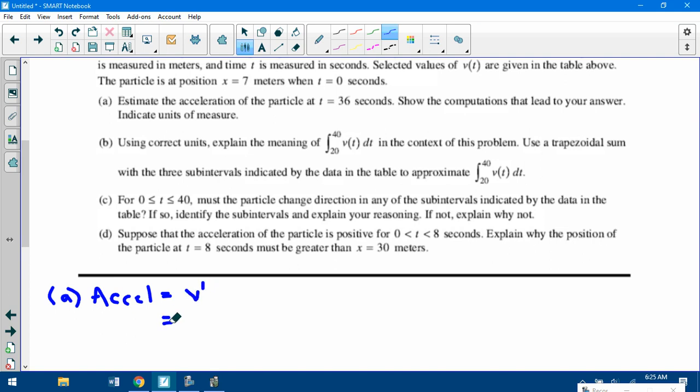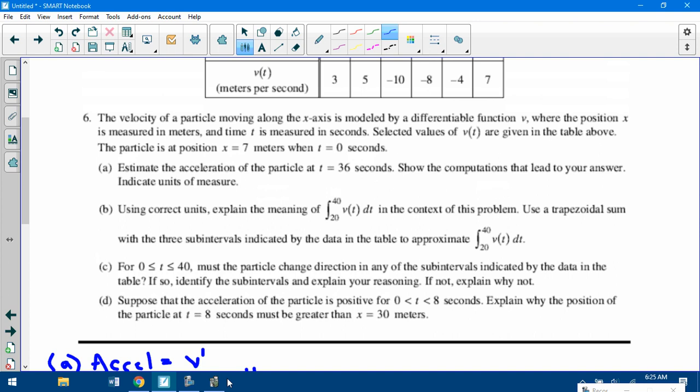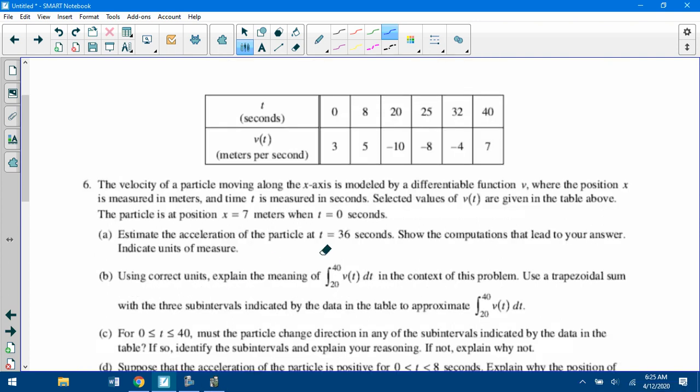Now I've said all year, when you hear derivative in calculus, what should you immediately think of? Slope. Okay. Now, I want to get the slope off of a table. And it says estimate it, so all I can do is get the best estimate.